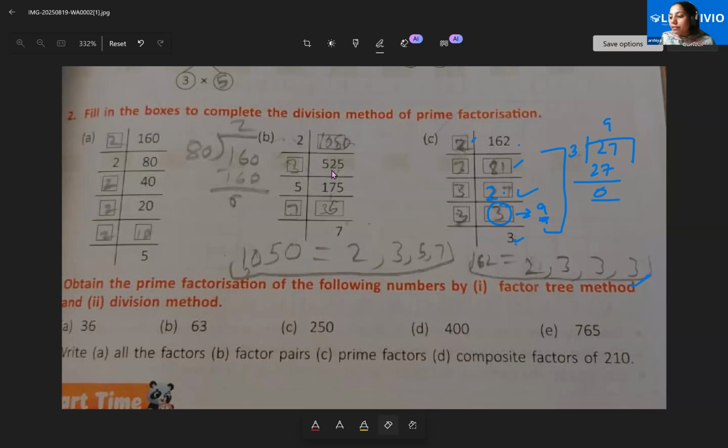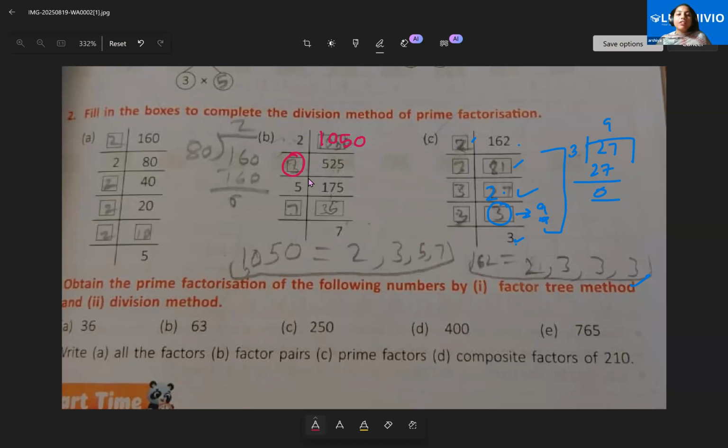So 525 times 2, you're getting 1050 here, right? So next you'll have to find this number. So what you're going to do is you will divide. Let me first check, then I'll tell. 1050 and... this I'm getting confused with.